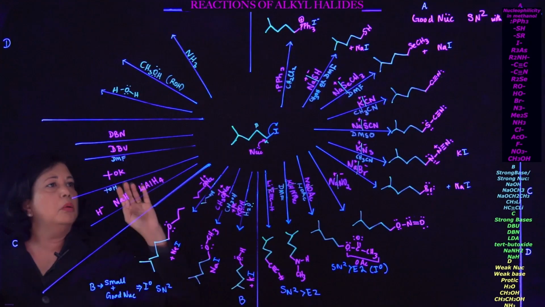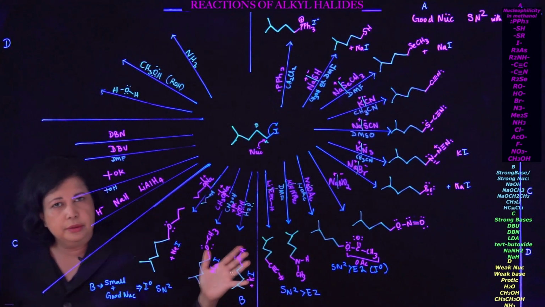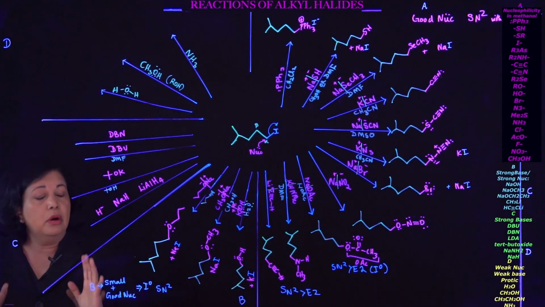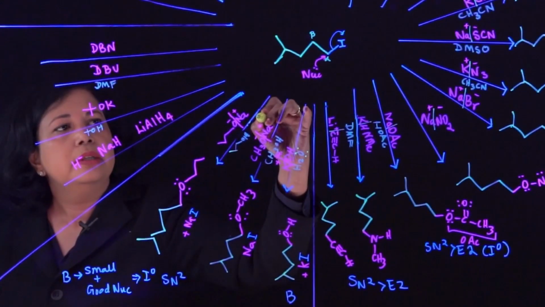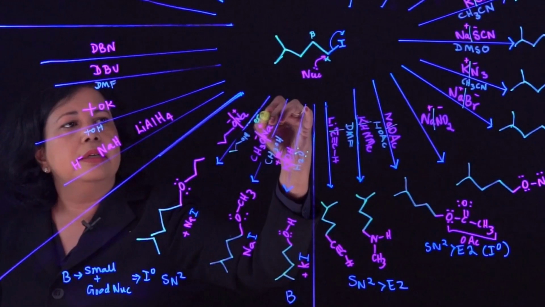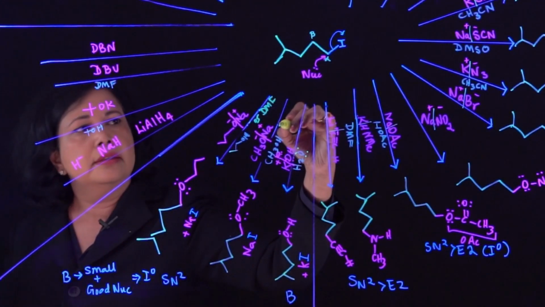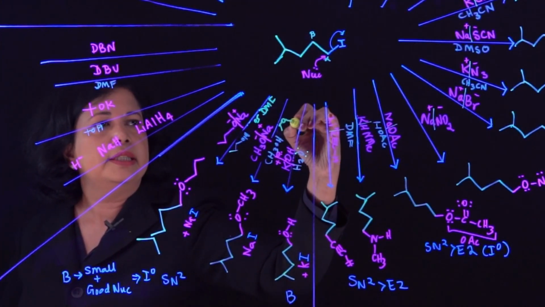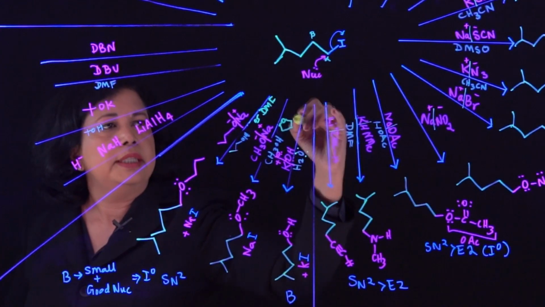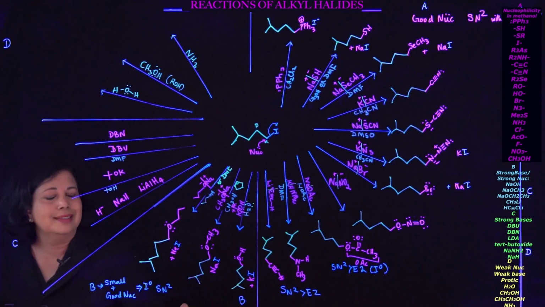Let's say we want only SN2. What can we do to push this even more towards SN2? SN2 is always a lot faster in aprotic. So if you have aprotic, it's going to be almost all SN2. So let's say DMF or DMSO, so many others, ethers, THF, all of these can do SN2, okay?